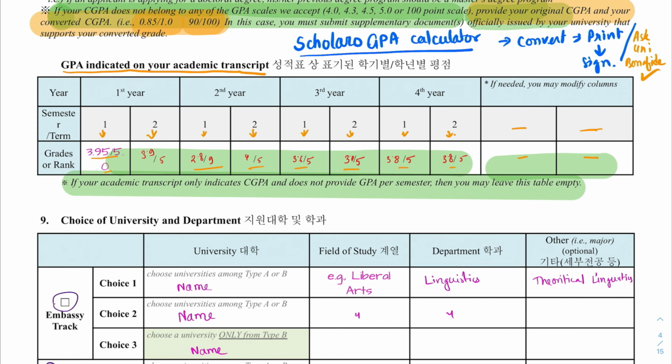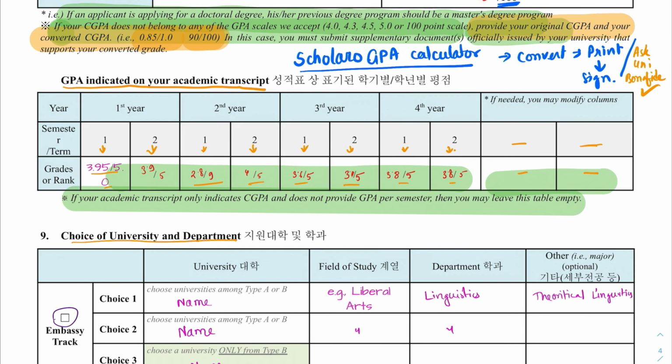After that you have to write the choice of the university and the department. I have filled it in. Anyone who wants to apply by the embassy track should write the first choice from the type A or type B universities. Suppose the person wants to apply for liberal arts, then the department is linguistics, and I want to study maybe theoretical linguistics as another option.